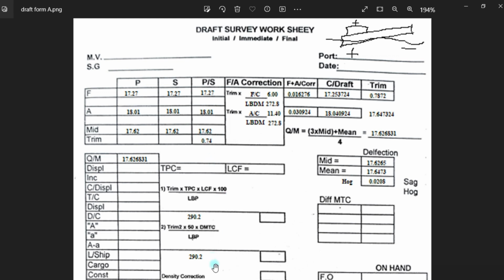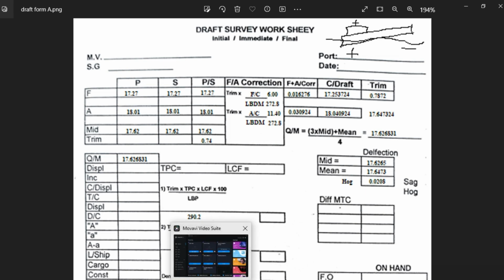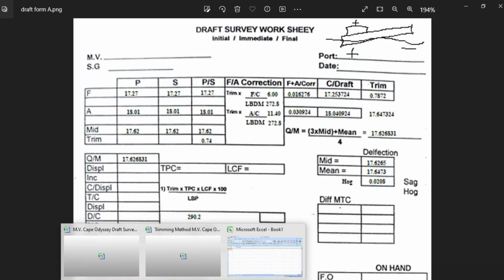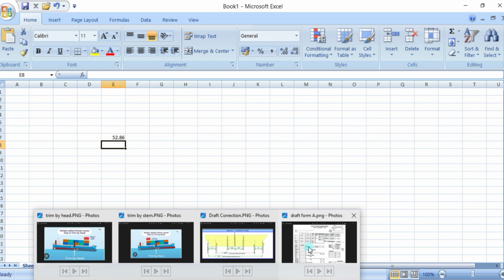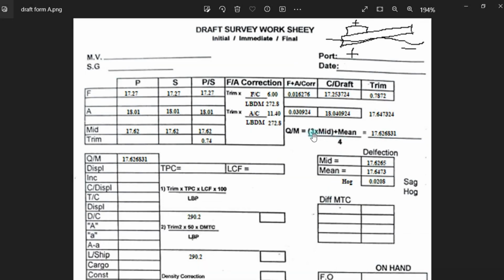3 times 17.62 equals. Once you have multiplied this one, you add the mean.